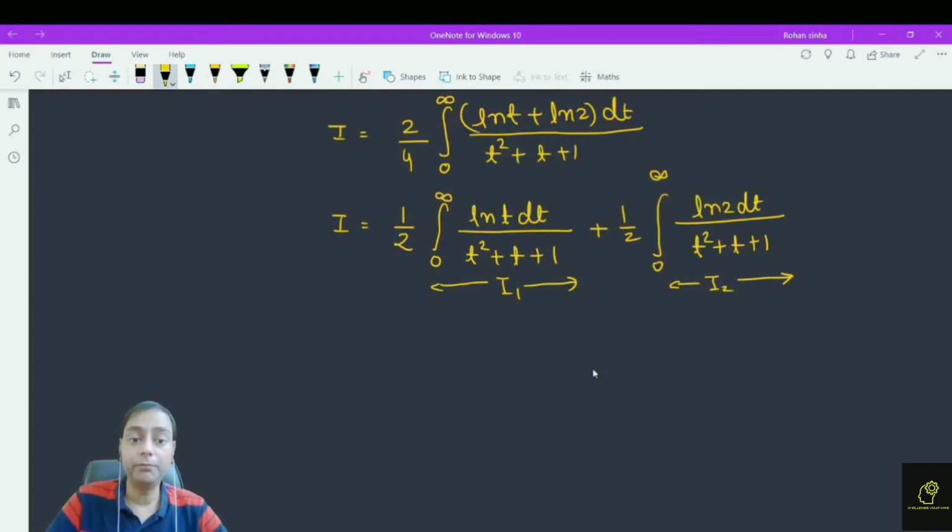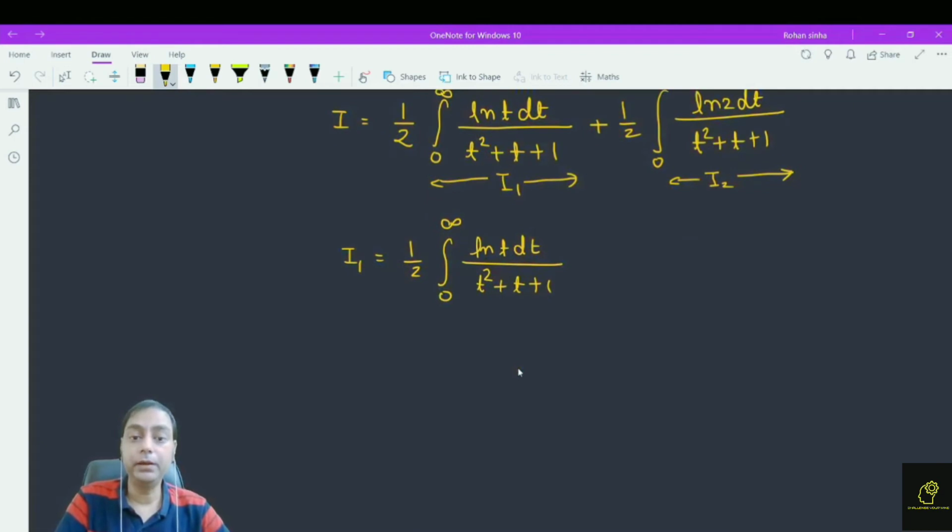What is our I1? I1 is 1 by 2 times the integral from 0 to infinity of ln t dt divided by t squared plus t plus 1. Now, to solve this integration, put t as 1 by y. If t is equal to 1 by y, dt is minus 1 by y squared dy.